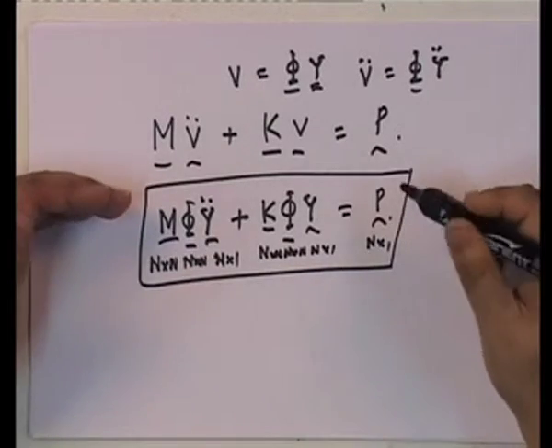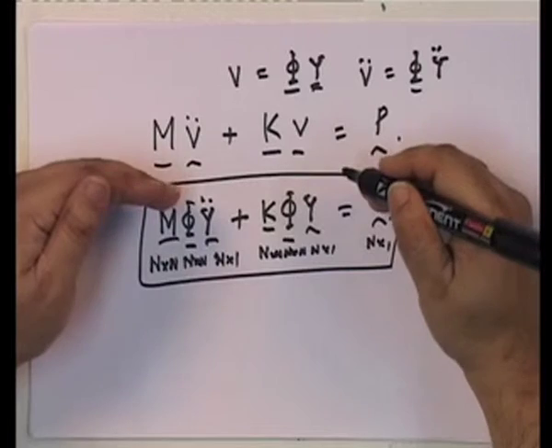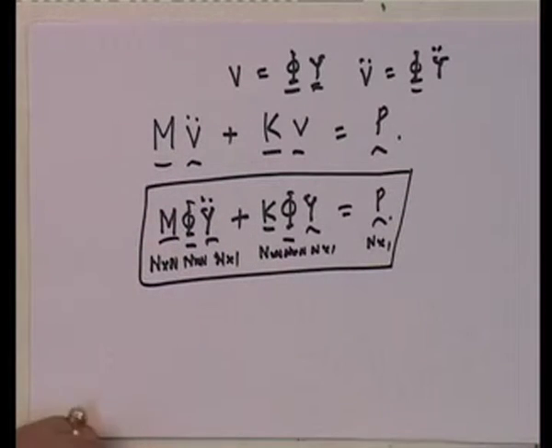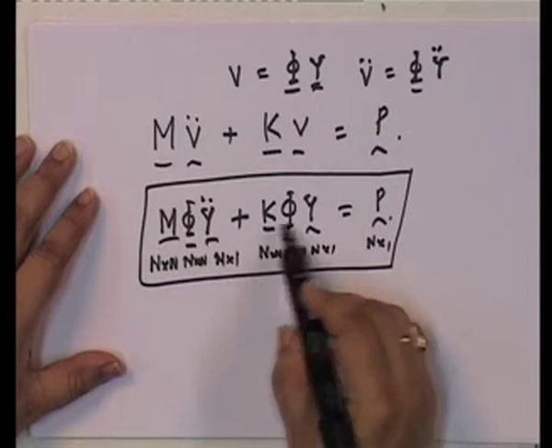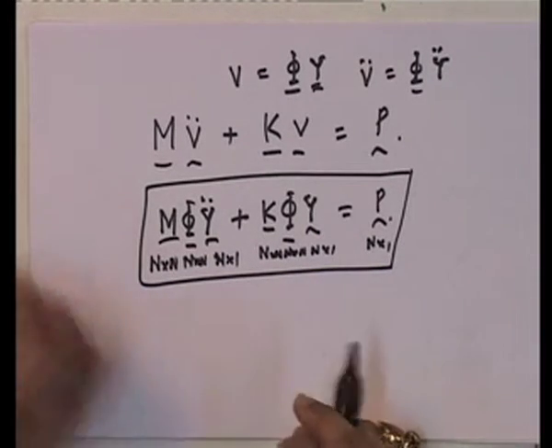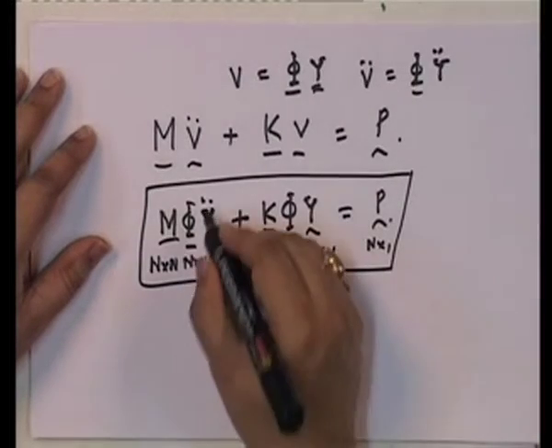So, this is actually a set of n coupled differential equations, because even if m is lumped mass, k is still coupled. Okay. So, we have a problem.